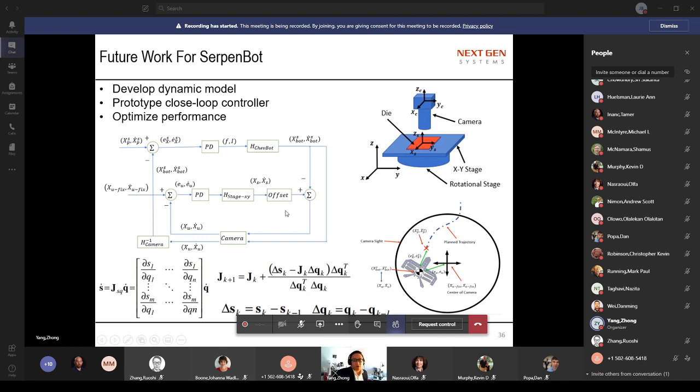We will implement this system fully automatic. We are also trying to use the automatic identification of the image Jacobian method. That's what I'm working on.